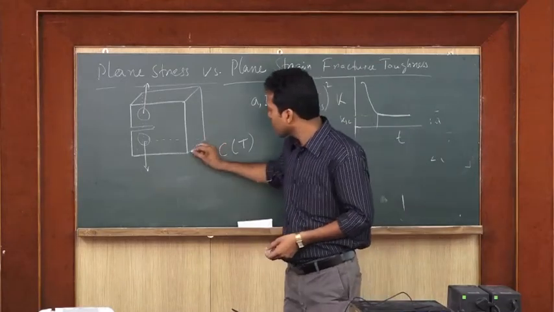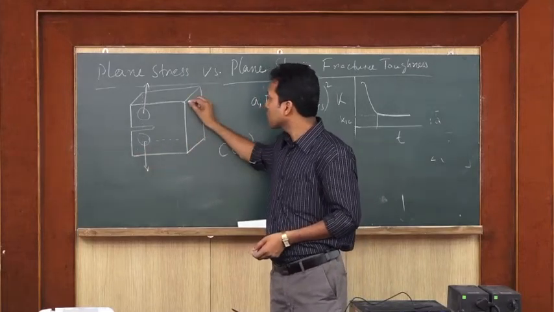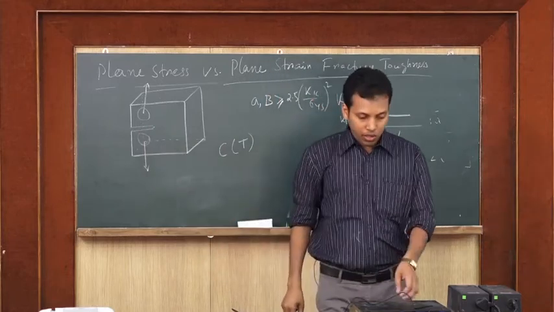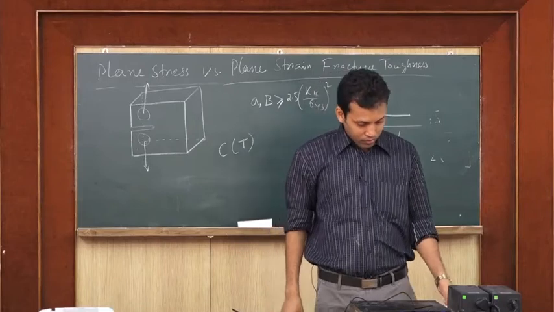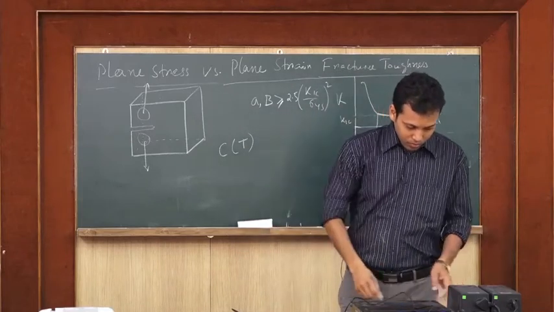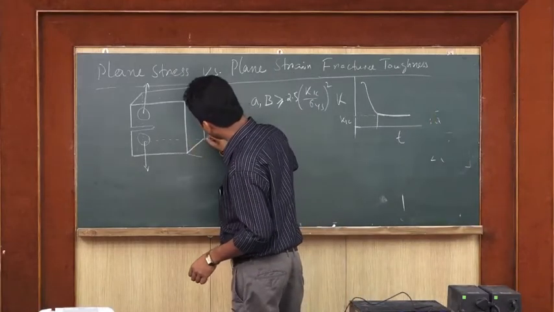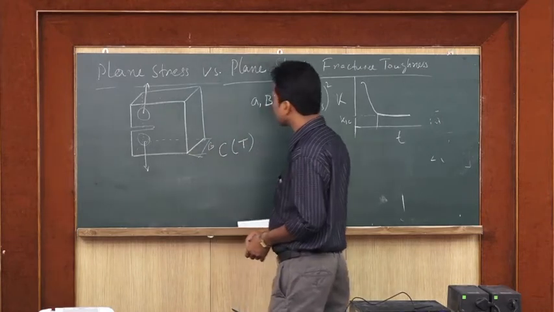This length, all these things are fixed. This is the machine notch, you can say, that we produce, and I can say that this is B of the specimen.